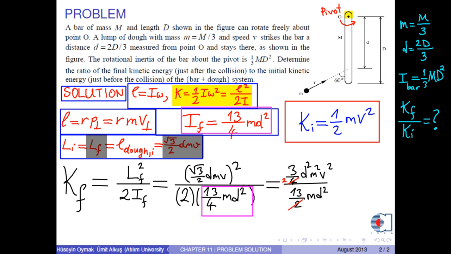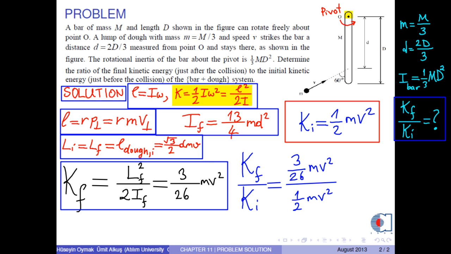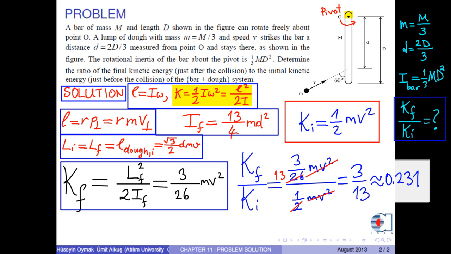After some cancellations, the final total kinetic energy of the bar-duff system is found to be 3 over 26 mv squared. We obtain the ratio of the final kinetic energy to the initial kinetic energy of the bar-duff system as 3 over 13, or approximately 0.231.